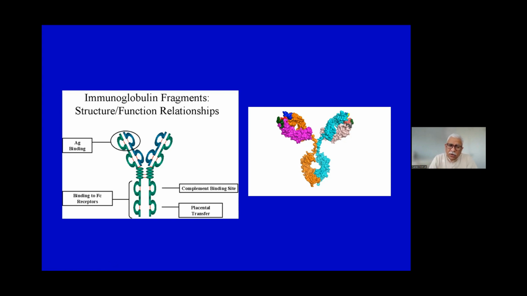Fc stands for fragment crystallizable; it is the portion of the antibody that binds to receptors on cells that are not necessarily antigen specific. The antigen specificity comes from the variable domain, here on the top, the antigen binding domain.